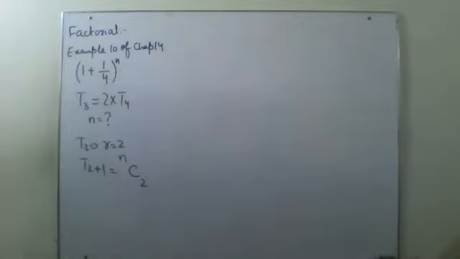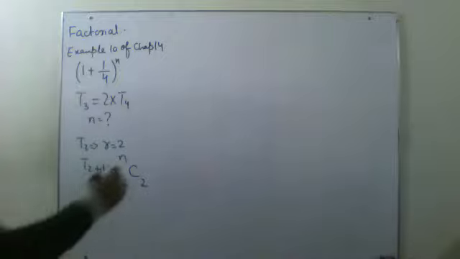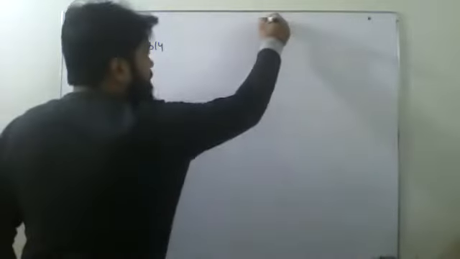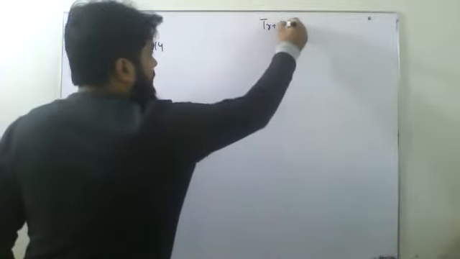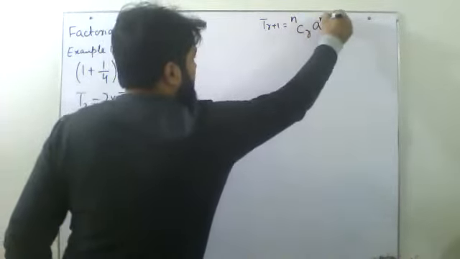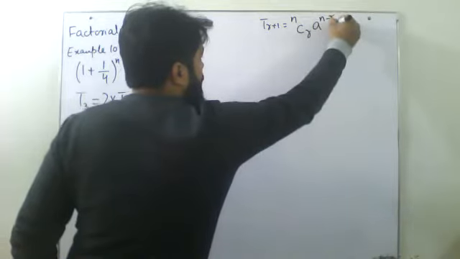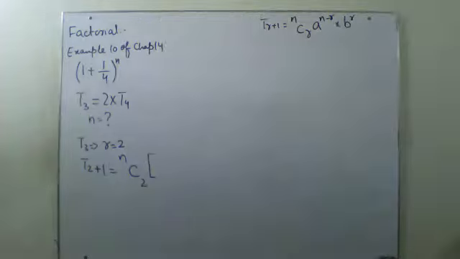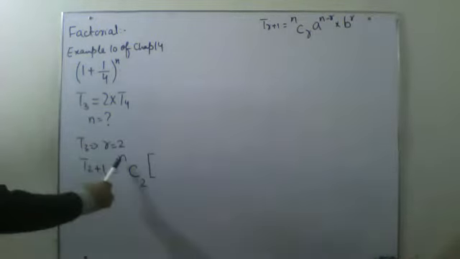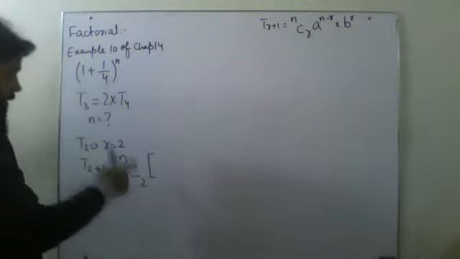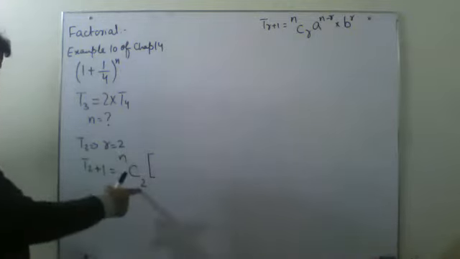Now the formula, I'm writing the first formula: T(r+1) equals nCr a^(n-r) b^r. So n I don't know, C is a combination, I will tell you, and r is 2, so I have written 2.